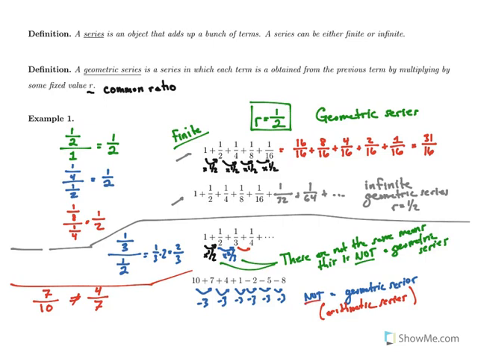Note that this is a finite series. We could think about the actual value of the summation. The one before that was an infinite series. All right, so other than identifying if it is a geometric series or not, we are going to be focusing solely on geometric series for the rest of this chapter.